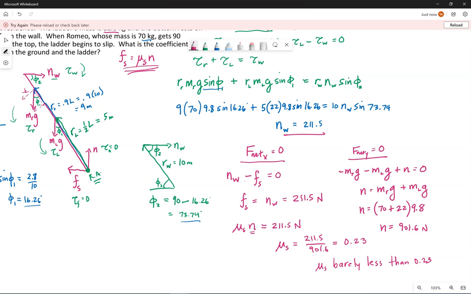Now, by barely, I don't really have a good answer for that. We could say something like it's 0.22, something along those lines. But it has to be close to the 0.23, but not exactly equal, because the ladder was slipping at that point.